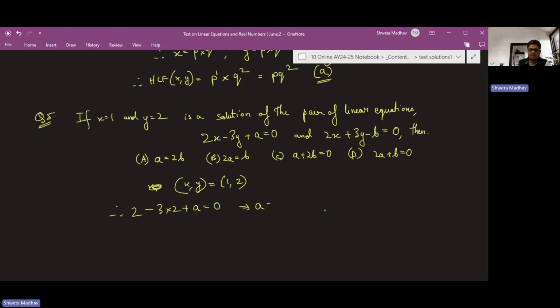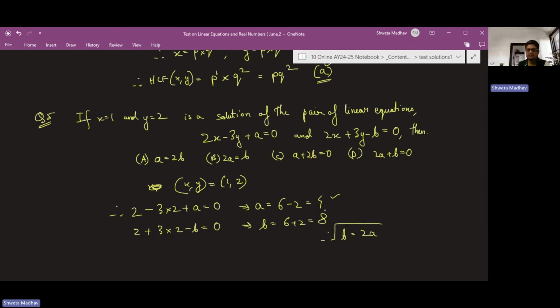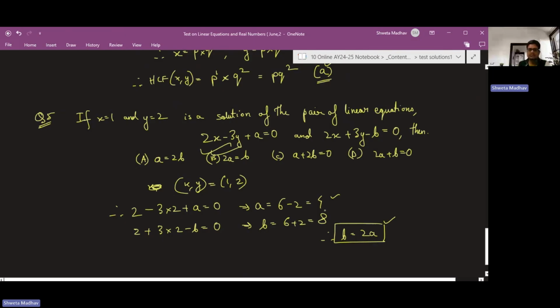So a will be equal to 6 minus 2, that is 4. So a is 4. Similarly, it will satisfy the second equation also. 2 into 1, 2, plus 3 into 2 minus b equal to 0. So b equal to 6 plus 2, that is 8. So b is equal to 8. Therefore we can say that b is equal to 2a. So 2a equals b. So option B is the correct answer.